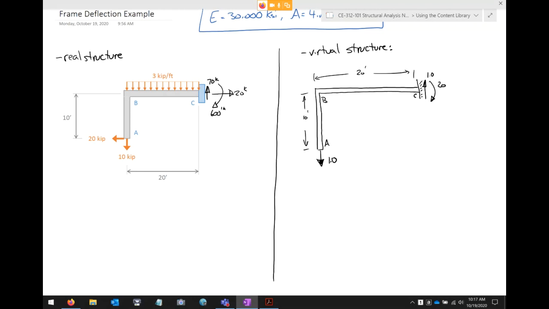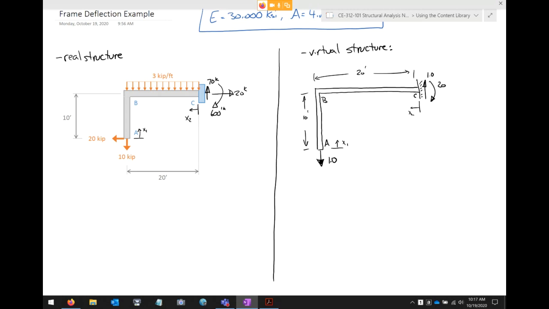Second thing I need to do is define some coordinate systems. Like I said, I'm going to have an origin right here with the x-axis facing that way, and an origin right here with the x-axis facing this way. And I need to do the same thing on both sides. Okay, before I move on, is everybody okay with this? This is the real structure and the virtual structure side by side.